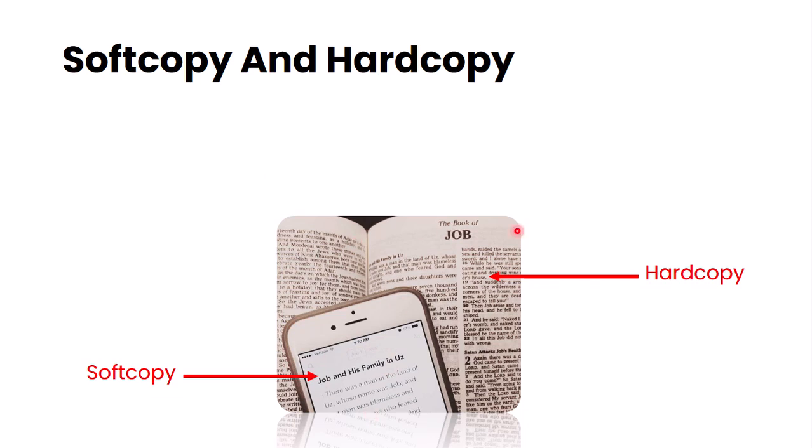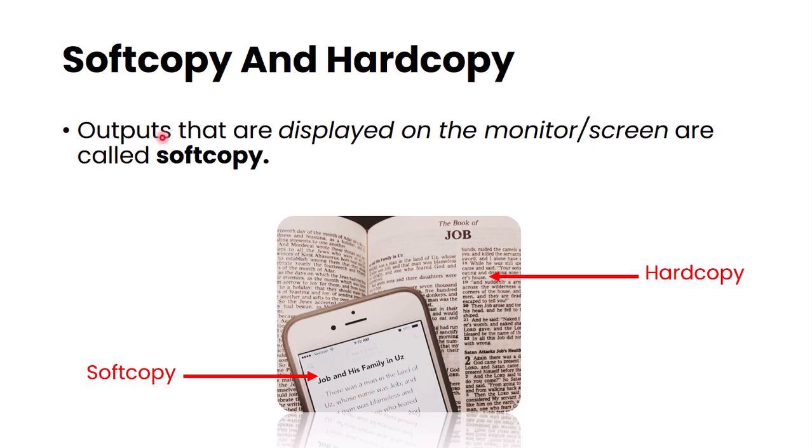And a hard copy is what you print. The printed version of the soft copy is the hard copy. So we have the physical Bible, that is a hard copy. And if you are reading the same Bible on a phone, that version you are reading is the soft copy. So outputs that are displayed on the monitor or the screen are called soft copy.